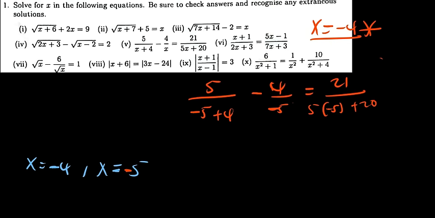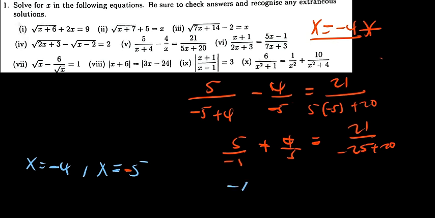So here we have 5 divided by negative 1. Then here it's the same as just putting plus 4 over 5 is equal to, that will be negative 25 plus 20. So here is the same as negative 5, just negative 5.